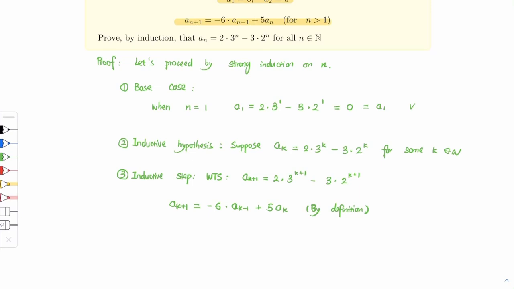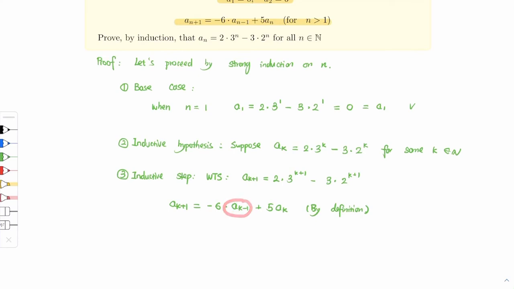Now, what do you do next? You want to replace your a k minus 1 and the a k here. Your inductive hypothesis tells you a k equals this, so you can substitute it here. But what about a k minus 1? We don't know anything about this.